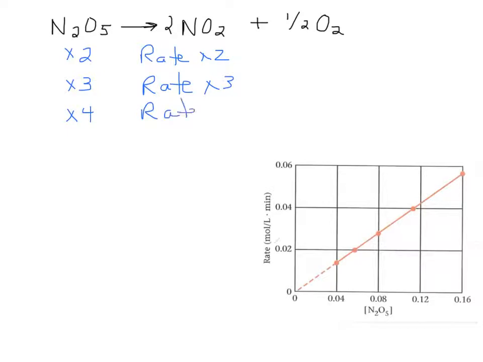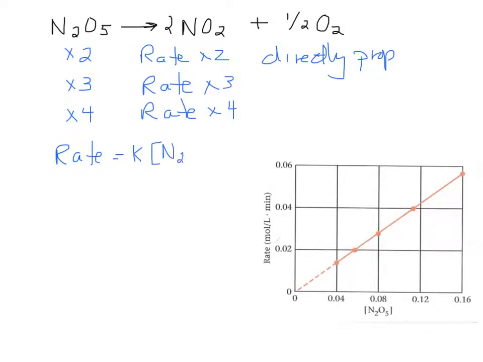You're a genius. The rate is times 4. Well, this is clearly directly proportional. When one gets bigger, the other one gets bigger at the same rate. And we can say that rate equals some constant k times the concentration of N2O5. This shows that when N2O5 increases, the rate increases. These two things are directly proportional.